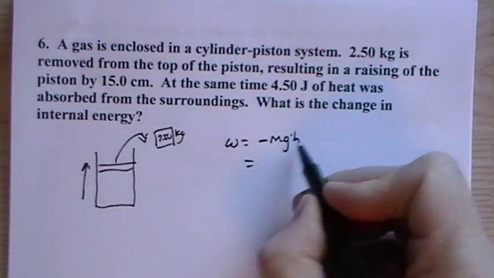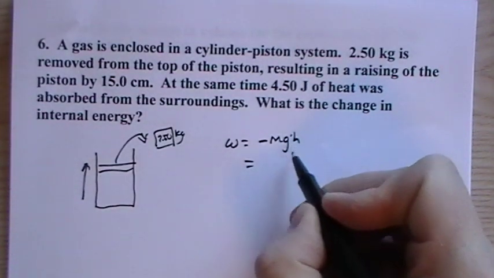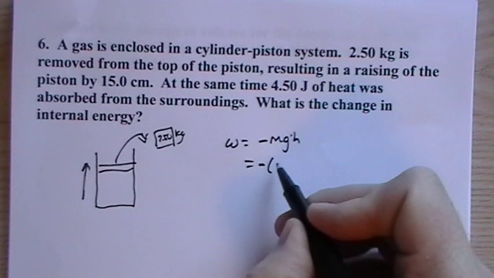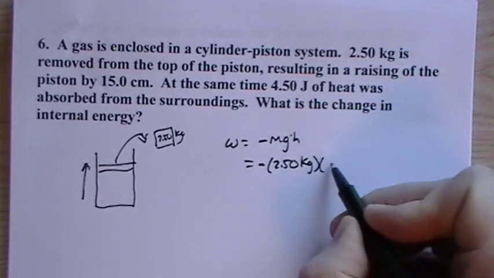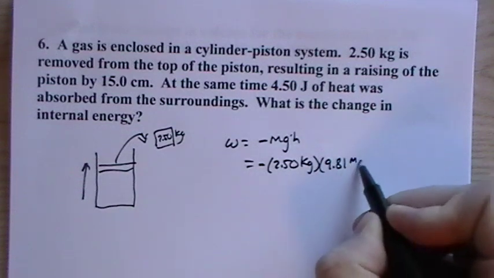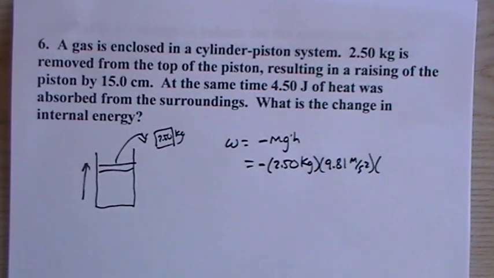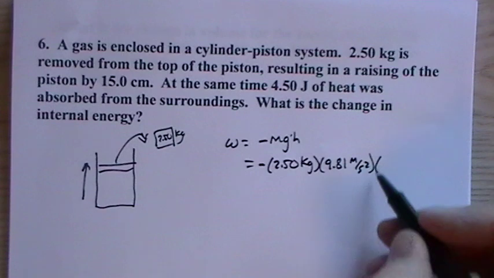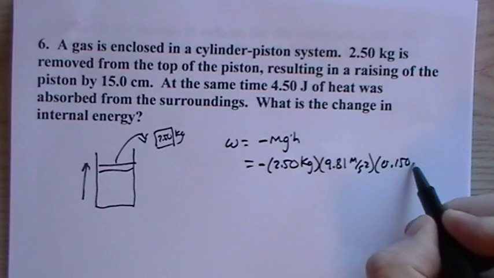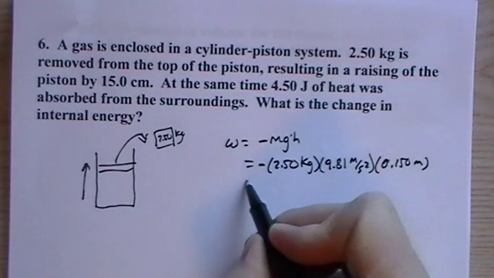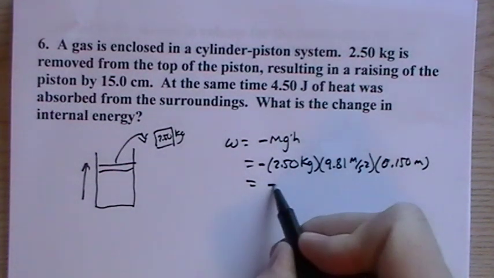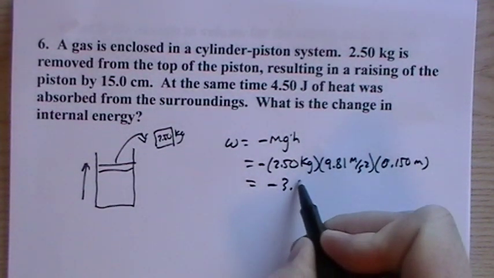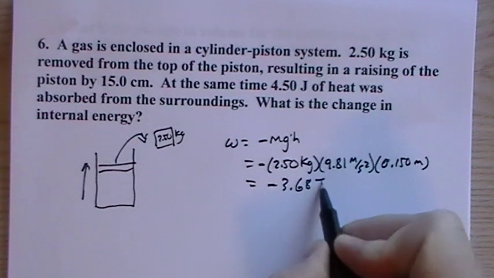I'm just going to leave it as height, but it should be the change in height. We'll just leave it as the equation. We're always interested in the difference in a process. So the piston went up 0.15 meters. And that came up to be negative 3.68 joules.